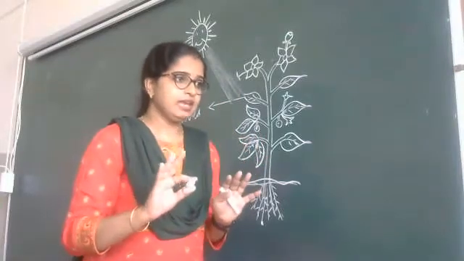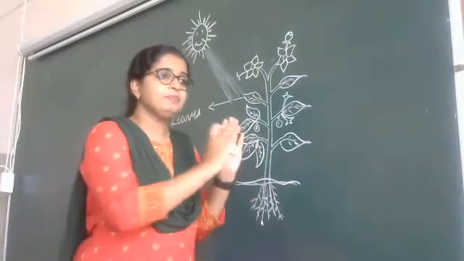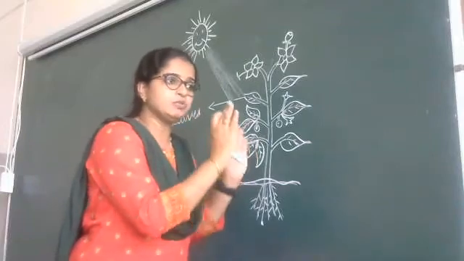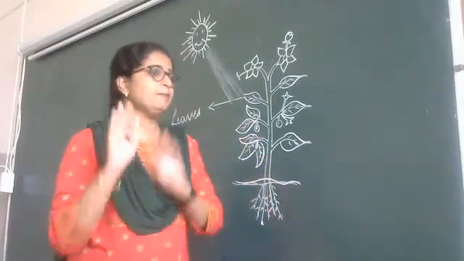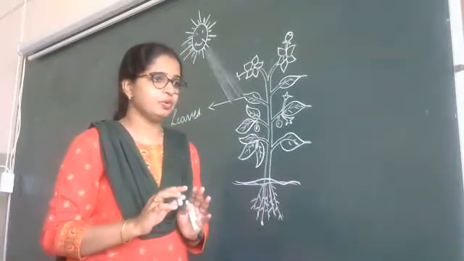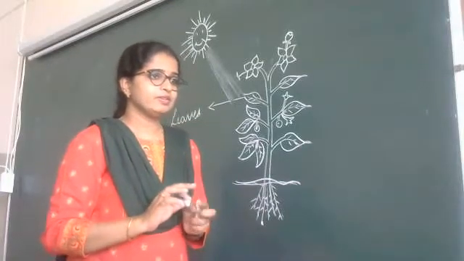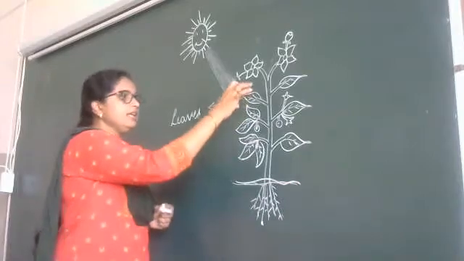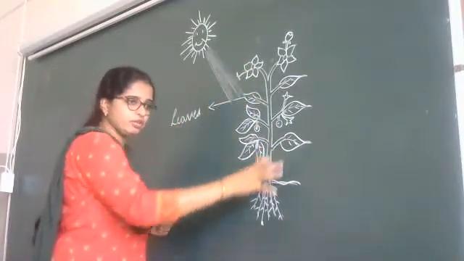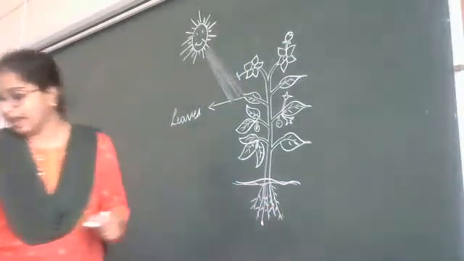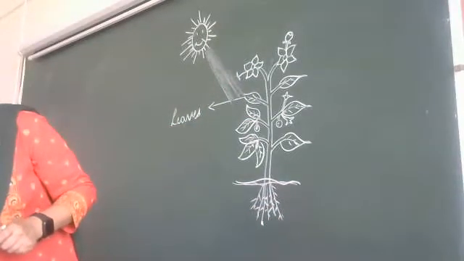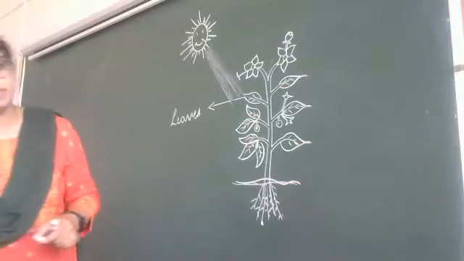You only have to remember. We know that leaves prepare food for the plant and that process is called photosynthesis. I am saying it only for you to remember. Okay. Here, leaves prepare food for the plant by using sunlight, water, and other useful substances.